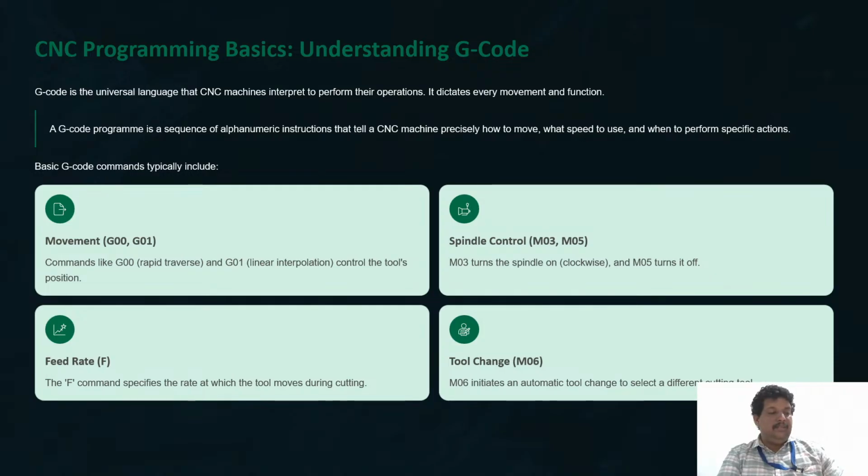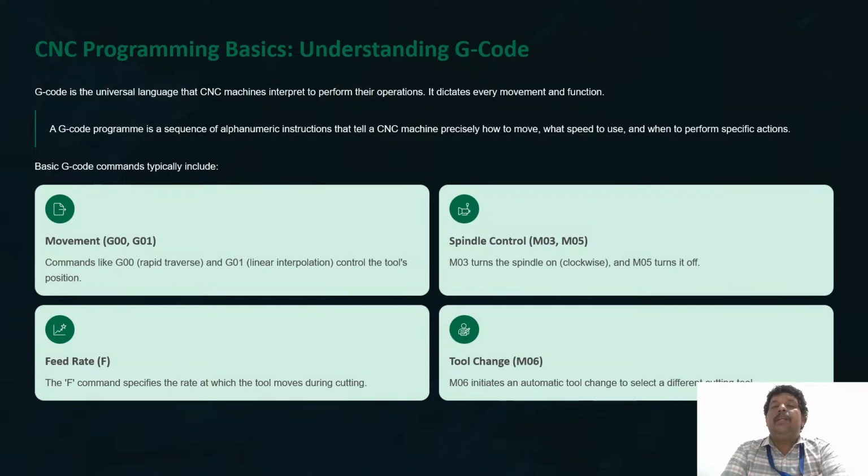Then next, F. What is F? F is the feed rate. Feed rate is the rate at which the tool has to move during the material cutting. So how will we decide this? We will decide this F based on the material and the cutter used.